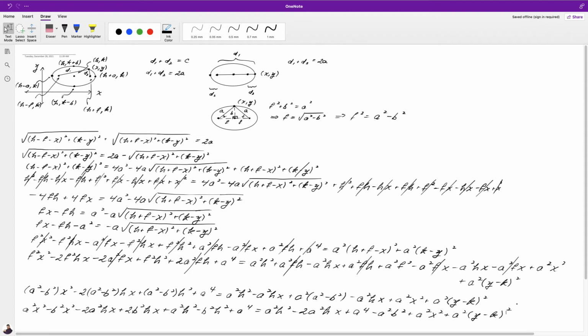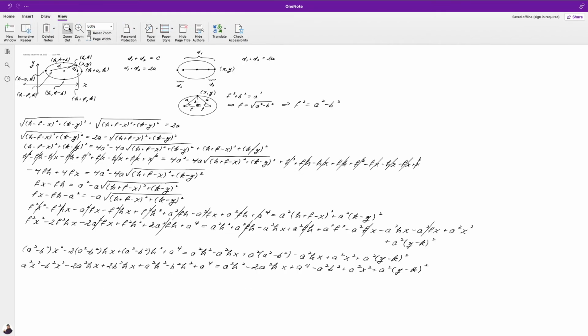Let's see if zooming out, yeah, we can do that one more step. I think we're going to be able to squeeze it in. Let's check our operations. Let's make sure we haven't committed any careless mistakes. Looks good. Yes, everything looks really good.